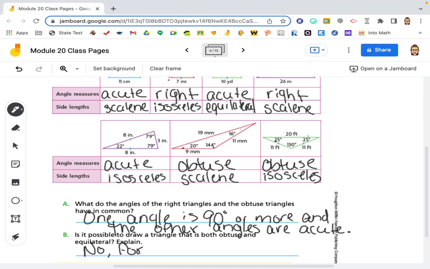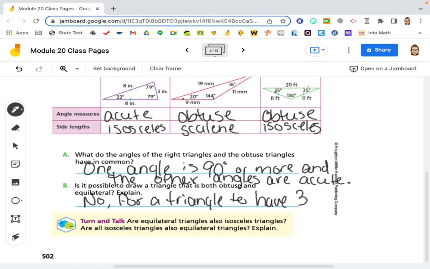So no, for a triangle to have three congruent sides, the angles must be acute.